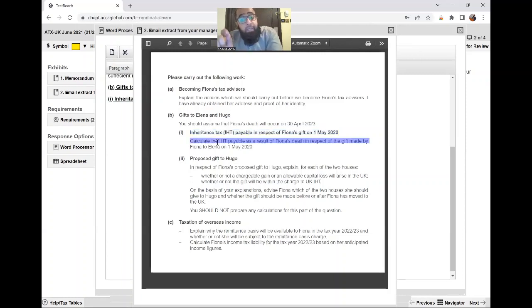Calculate the inheritance tax payable as a result of Fiona's death in respect of the gift made by Fiona to Elena on 1st May 2020. So if Fiona dies on 30th April 2023, we need to calculate the IHT that will be payable in respect of the gift made by Fiona to Elena on 1st May 2020.